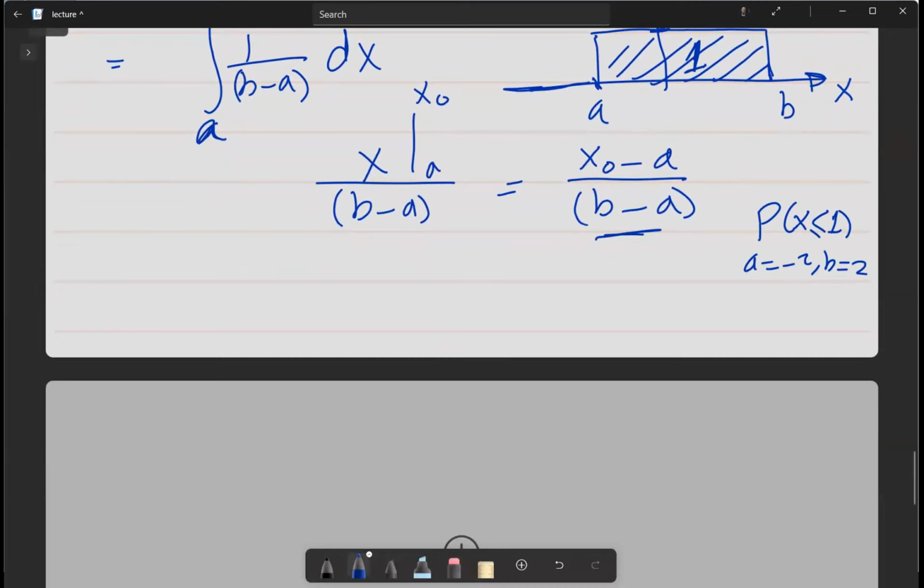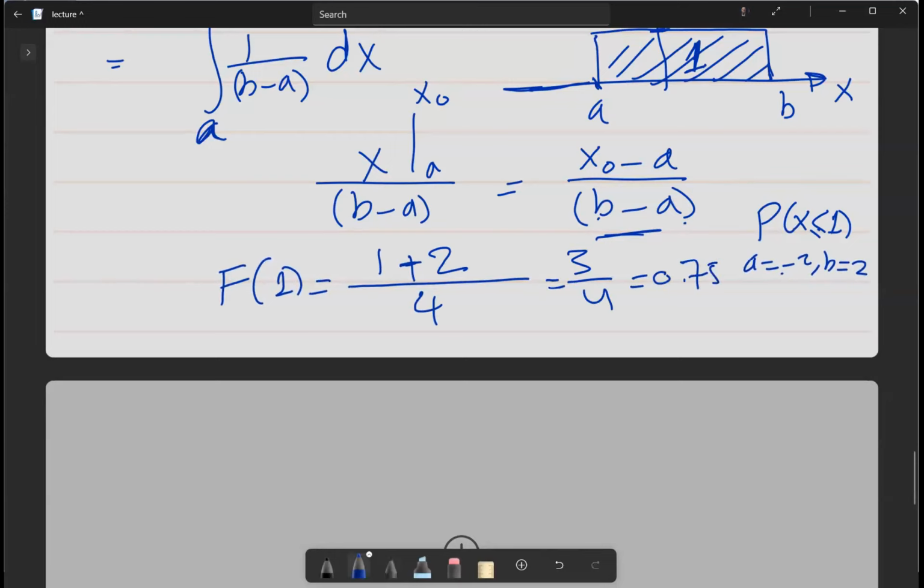So the CDF at x0 equal to 1 will be 1 minus a, where a is -2, so minus becomes plus, 1 plus 2, divided by b minus a, which is 2 plus 2, which is 4. So it is 3/4, which means 0.75. In other words, in 75% of cases, x will be less than or equal to 1 in this problem.